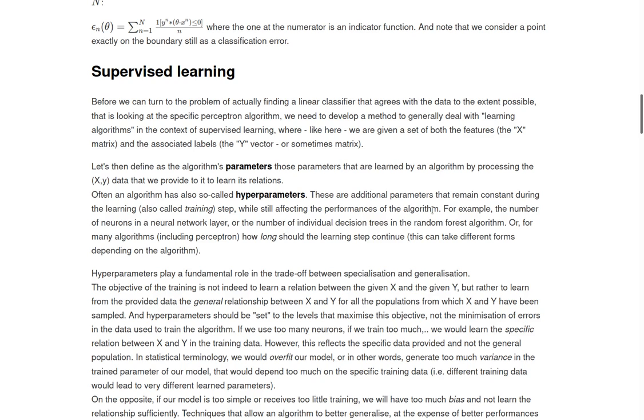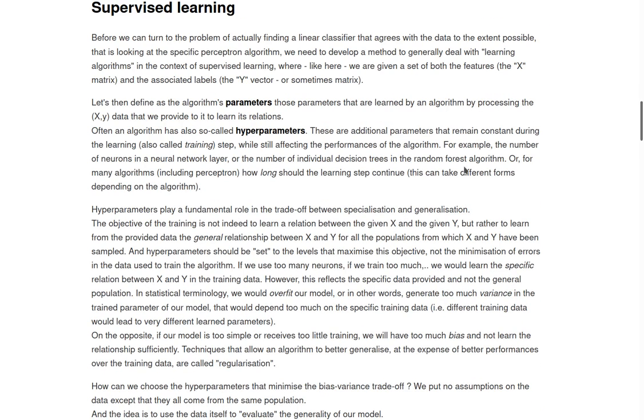For example, to take some algorithms that we will see later, the number of neurons in a neural network layer. This is defined before the parameters of these layers are learned by the algorithm. Or the number of individual decision trees in random forests. Or in many cases, including the perceptron, how long the learning step should continue.